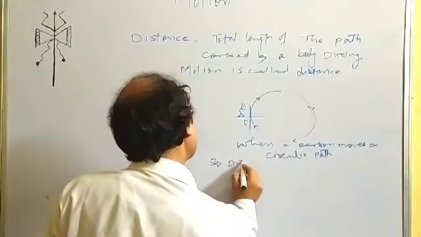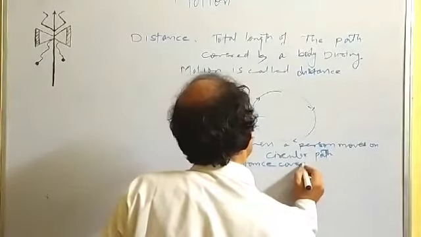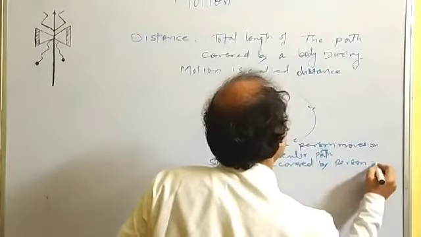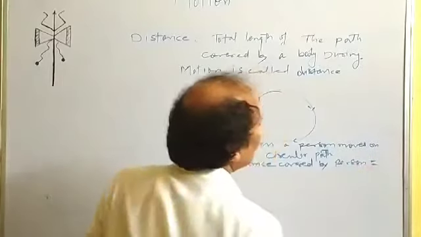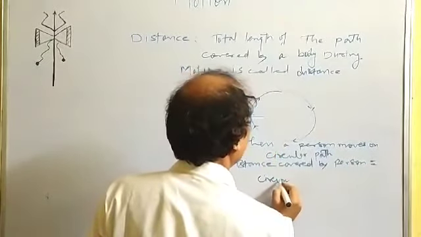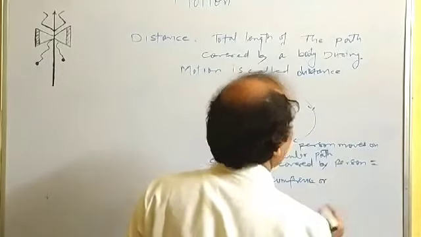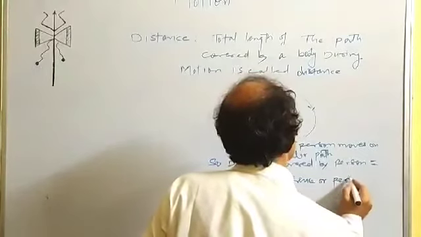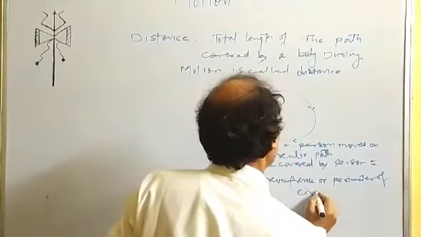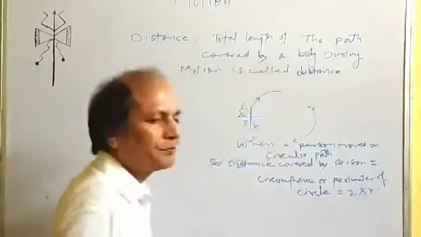So the distance covered by the person is equal to the circumference or perimeter of the circle, equal to 2 pi r.